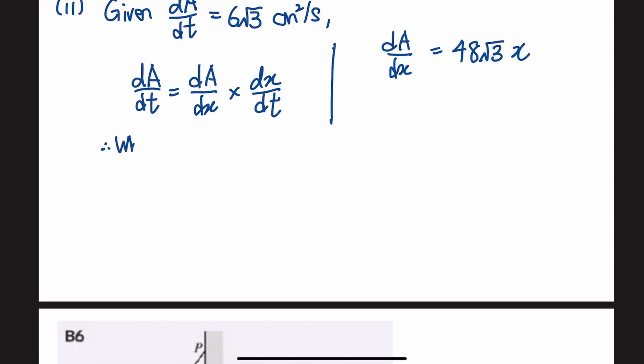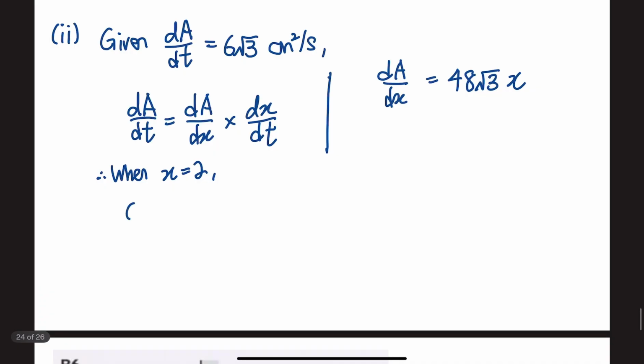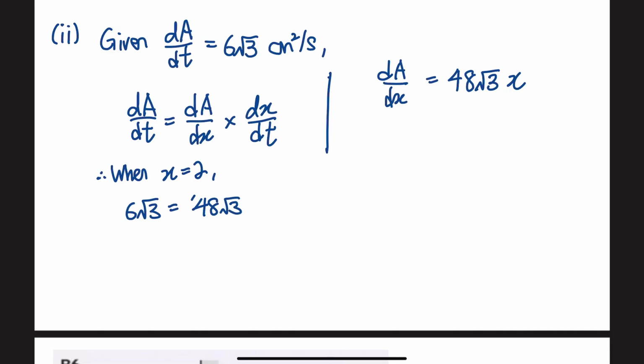Therefore, when x is equal to 2, I can sub in the values now. dA over dt is 6 root 3, so 6 root 3 is equal to dA over dx, which is given by this here. I sub in x equals 2. This will be equal to 48 root 3 times 2 times dx over dt.